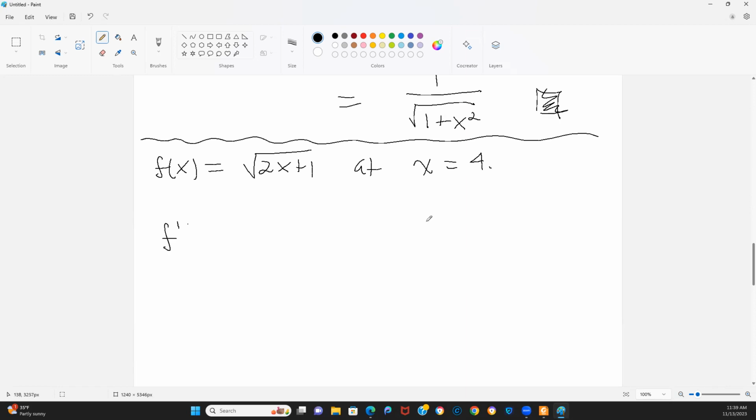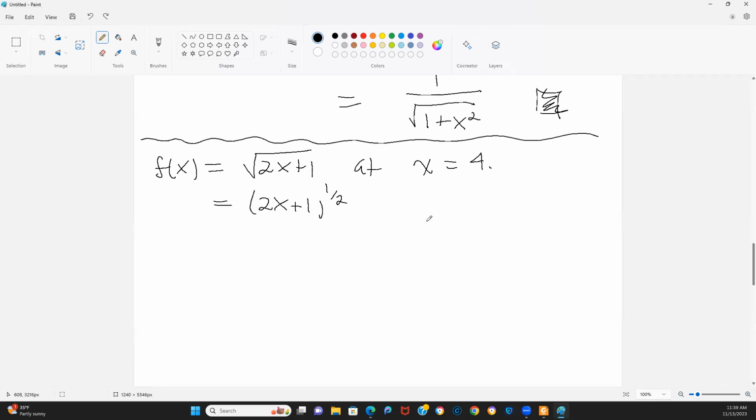So what we need then is a derivative. First of all, let's write this as 2x plus 1 to the 1/2. I'm always gung-ho and I get a derivative first. But let's actually think about it: we need an equation of the tangent line. So we need the slope, which does involve computing the derivative.